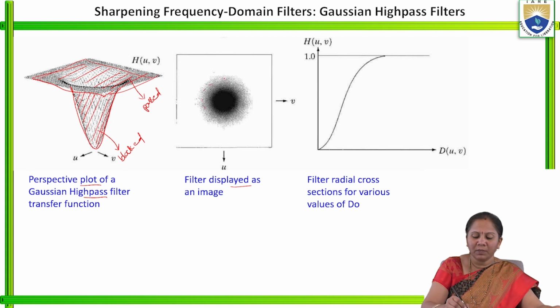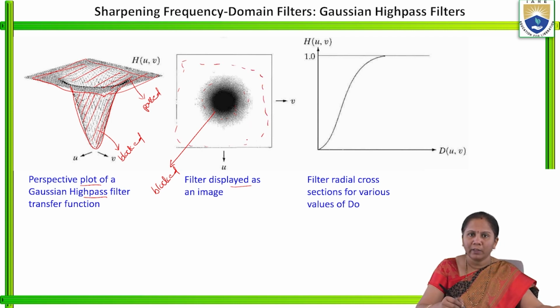All these frequencies across the circle and inside the circle come under lower frequencies and will be blocked, and the frequencies available in this area are called higher frequencies and will be passed.